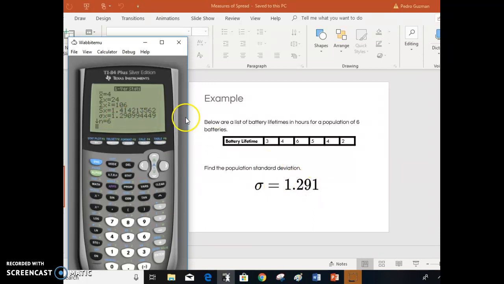If you round to 3 decimal places, the 0 looks at the 9 and it becomes a 1, so 1.291. Now, for rounding purposes, you just want to pay attention to what the homework or the tests tell you to do as far as rounding for standard deviation. I think usually I have you go out to 2 or 3 decimal places for standard deviation.